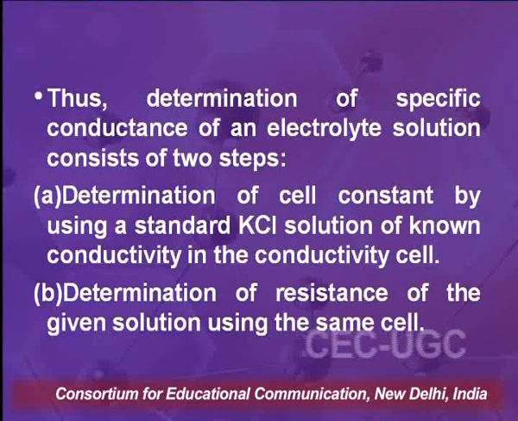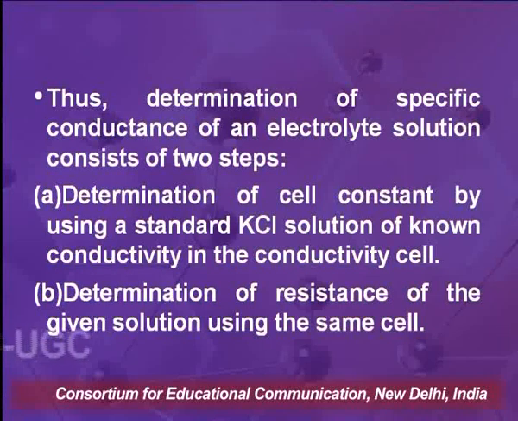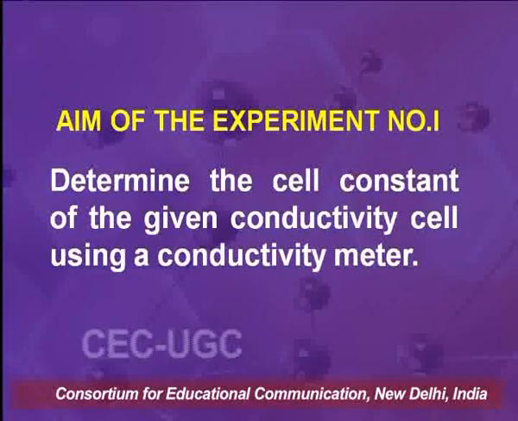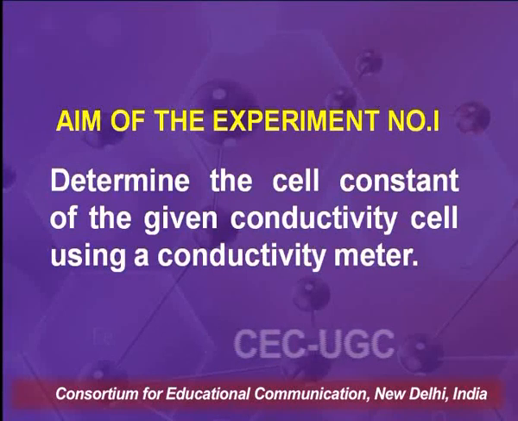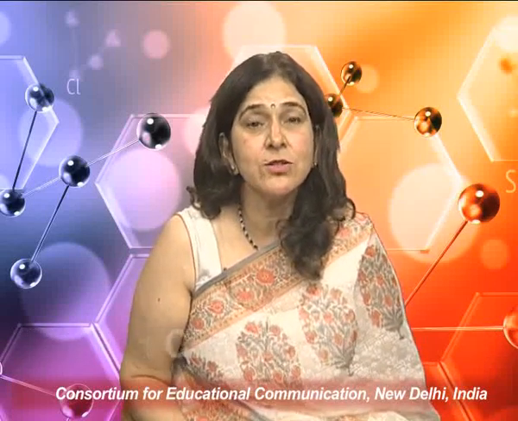Second, determination of the resistance of the given solution using the same cell. If we have understood the concept of conductance and equivalent conductance, then we can perform a few experiments to understand how we can use our concepts to determine our cell constant, specific conductance, equivalent conductance.